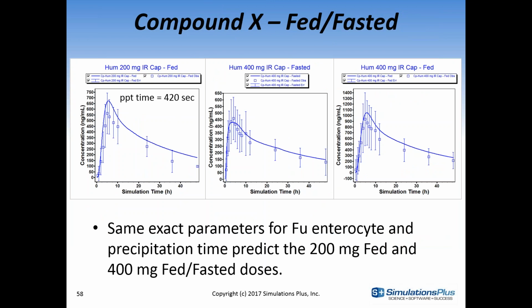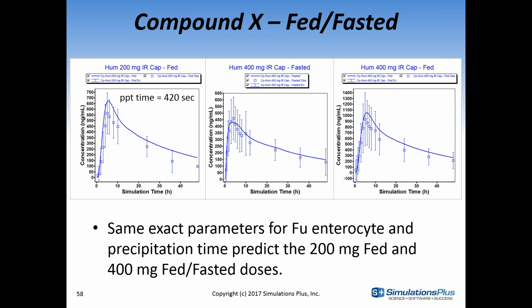We could fine-tune this model a little bit more, and we could lower the colon fluid volume to a more reasonable value of maybe 2%, and we could get a better simulation. But I didn't want to change too many parameters. I just wanted to show you the mechanistic inputs that we got from MembranePlus, and that really was critical in this case for predicting the correct Tmax values.